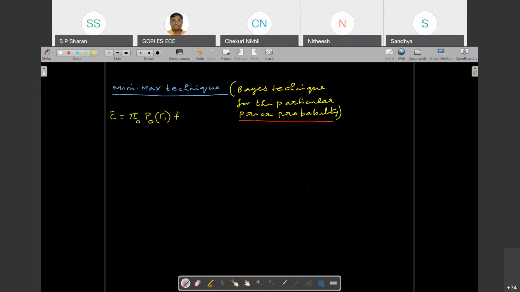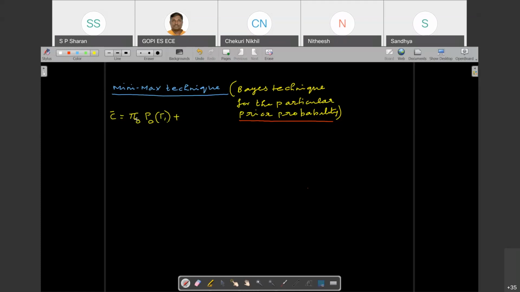This is the prior probability for the transmission, and the probability associated with when one is being transmitted. This is the average we are trying to minimize. This is what your Bayes technique does.